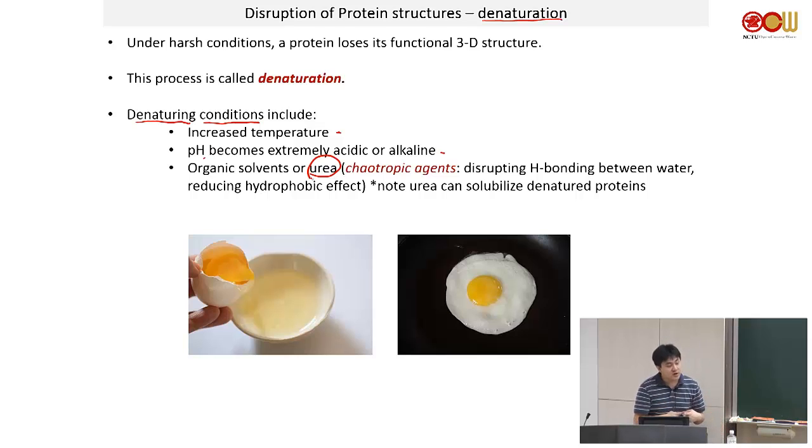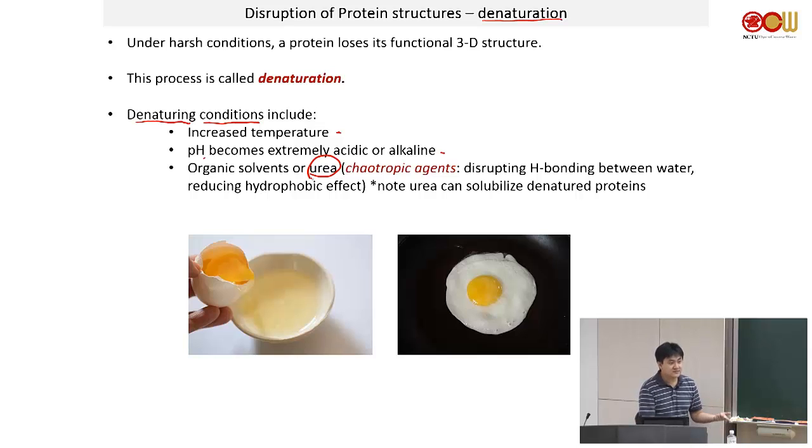And remember, the hydrophobic effect is due to water-water interaction. Now if you have something like urea, urea is going to make hydrogen bonds with water, so you have less water-water interaction. As a result, the hydrophobic effect goes down, so you can have more hydrophobic residues exposed to the solvent. So that's one thing you can use to denature a protein.